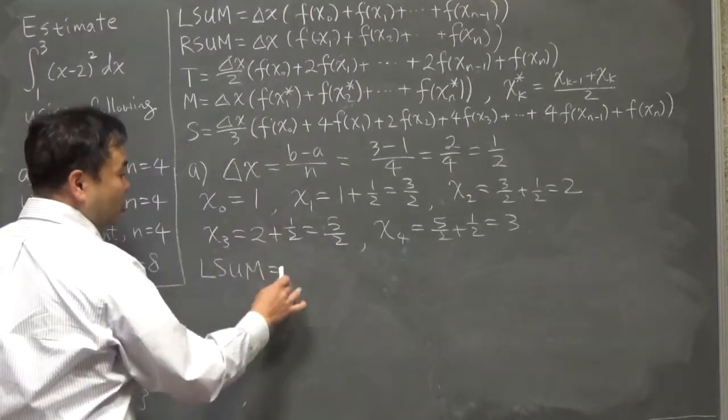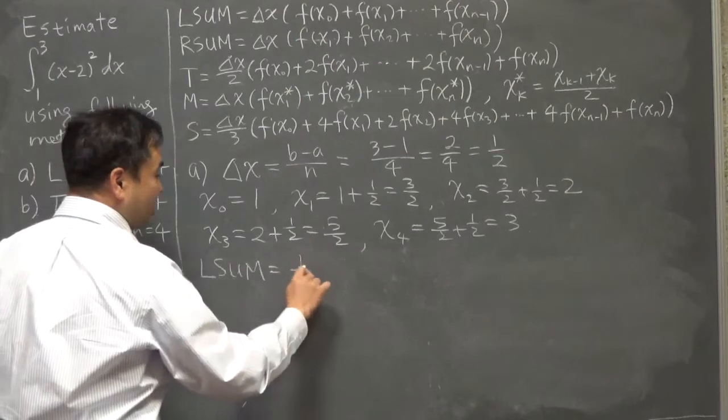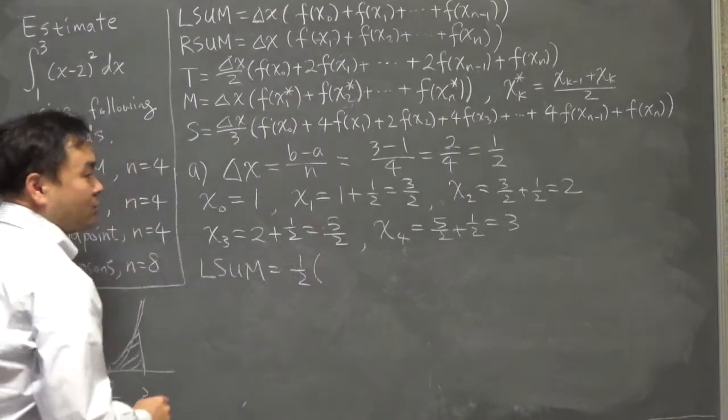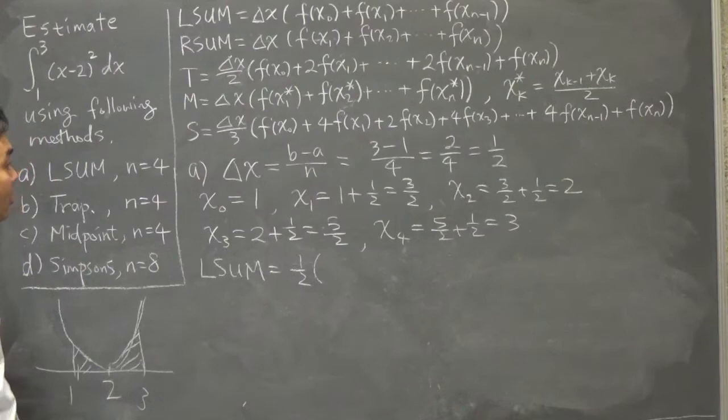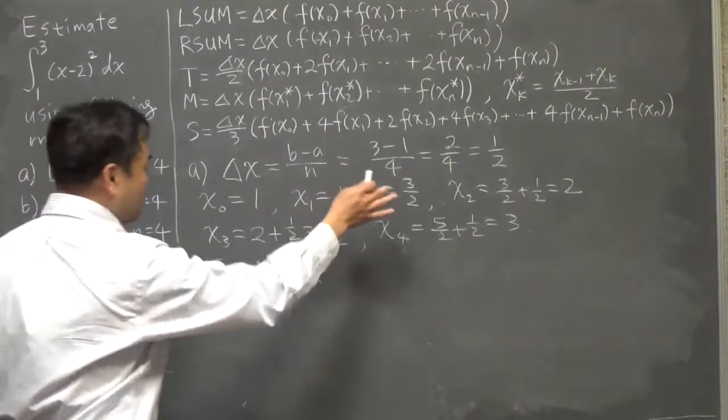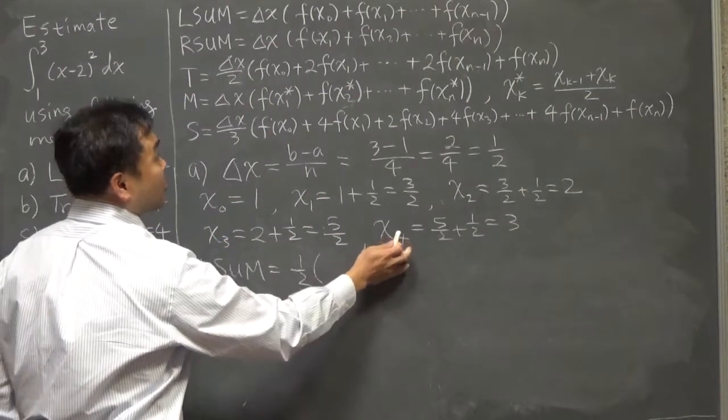Okay, now we're ready to calculate the L sum. The formula says multiply delta x, our delta x is 1/2, and then you evaluate the function at x0, x1, x2, x3, just 1 before the last one.